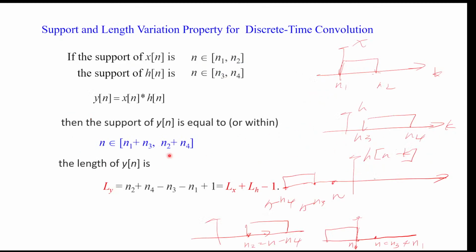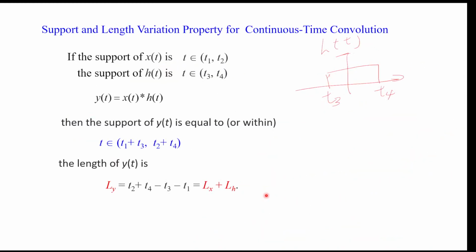Anyway, the length of the output is also very close to the length of the signal plus the length of the impulse response, but there is a minus 1 just because of the plus 1 here. Okay, that's about the support of the output signal of an LTI system. So the support of the response will get added to the support of the input.